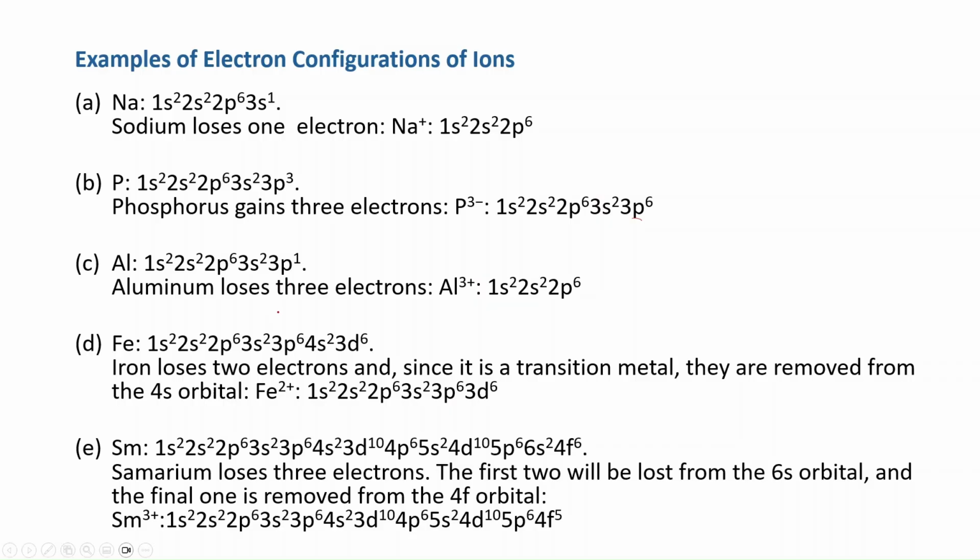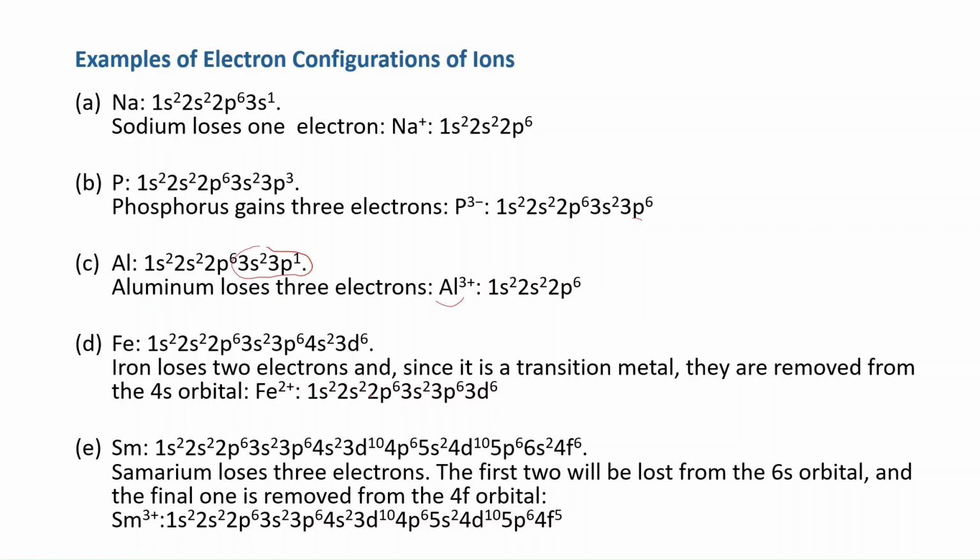Because it's not a transition metal, but it's already close to the transition metals, it's going to lose s and p electrons. They're telling you it was going to be aluminum plus 3. So yes, you lose all 3 of them. So you stop at 2p6.